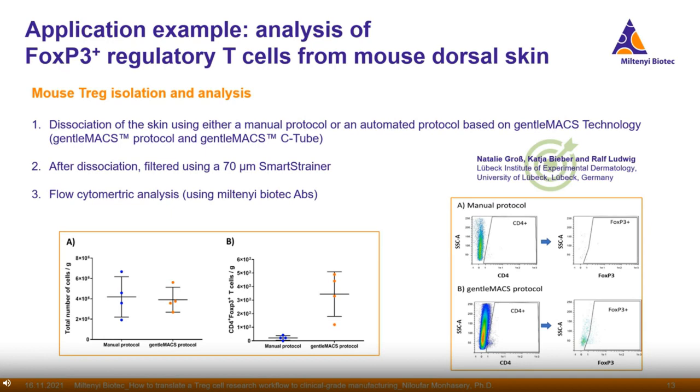And on the right-hand side, you can see the FOXP3 cells which were analyzed with flow cytometry. The gentleMACS protocol showed a higher number of FOXP3 positive cells compared to the manual protocol.